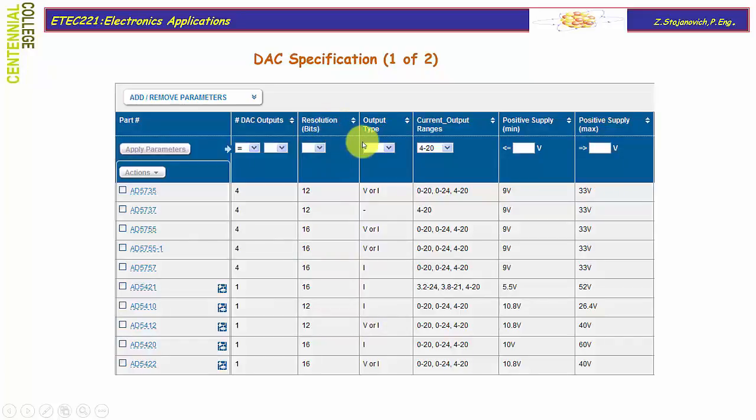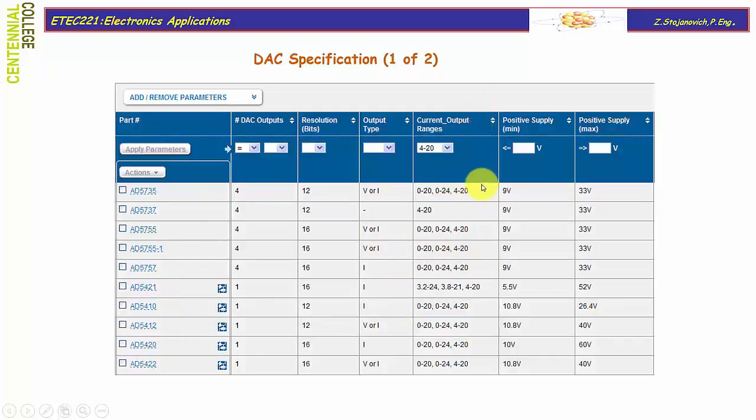The third column represents output type. It can be either voltage or current, or only voltage. Each of those chips has a specification of the type of output.